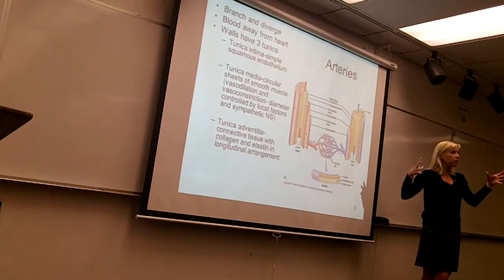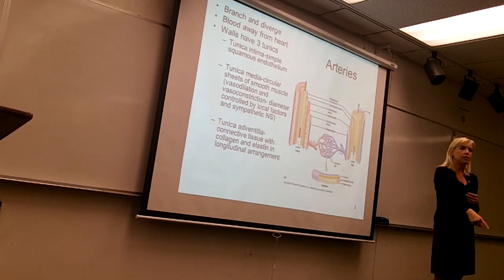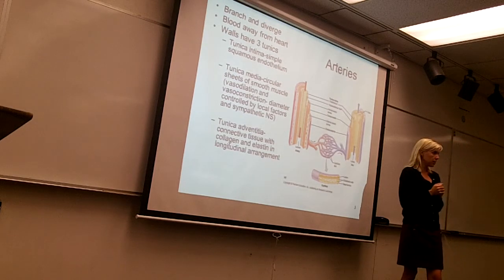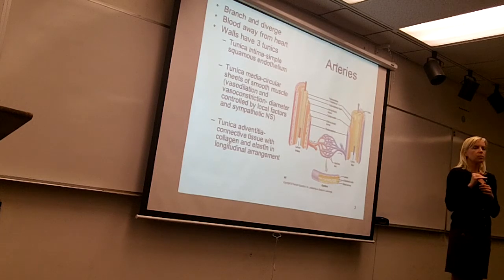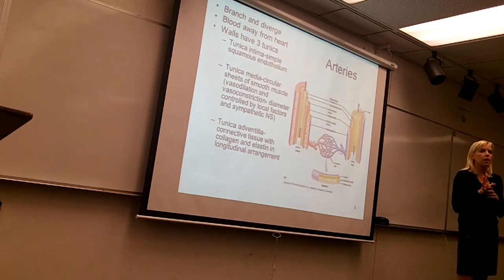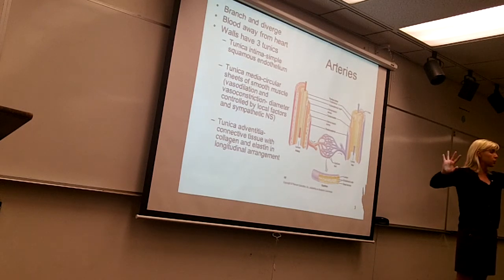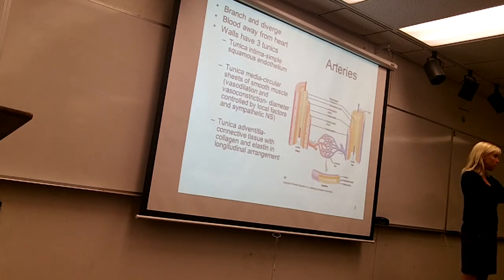Going outward from the lumen, we're going to have the tunica media. Think M for middle and M for muscle. This is where we're going to find smooth muscle. Now, just to give you a little information on smooth muscle, smooth muscle is excitable tissue, but it has a unique property where if it's stretched, it allows more calcium to come into the cell.